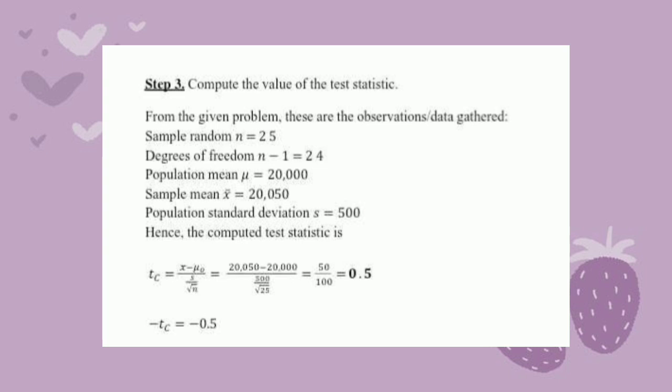So from the given formula, we subtract the population mean from the sample mean, over the standard deviation over the square root of the sample size. In conclusion, the computed test statistic will be obtained after substituting the given values into the formula.